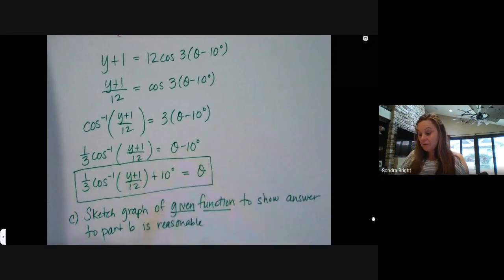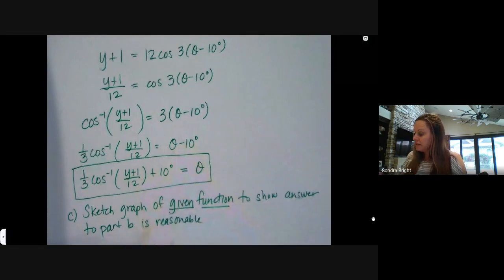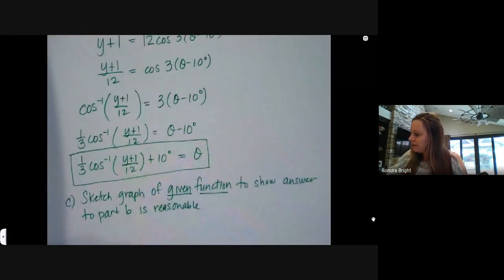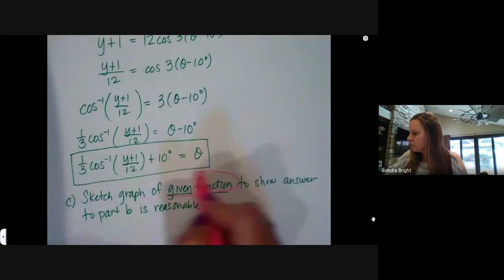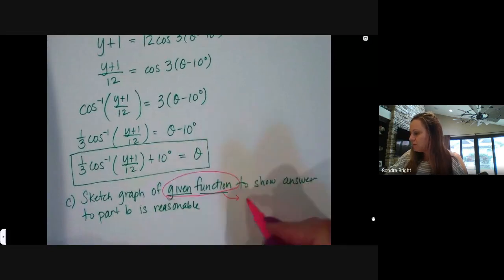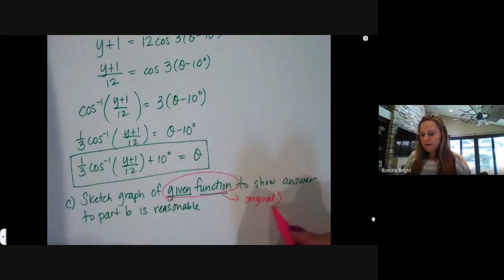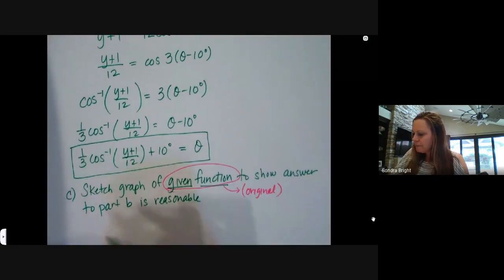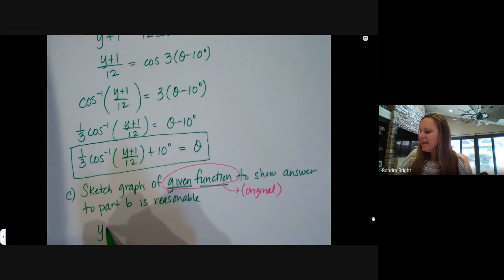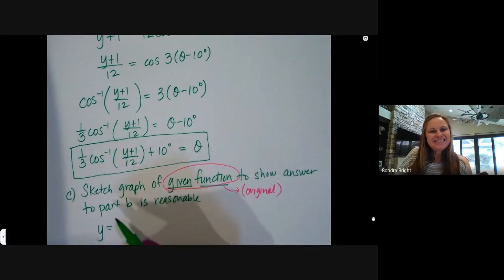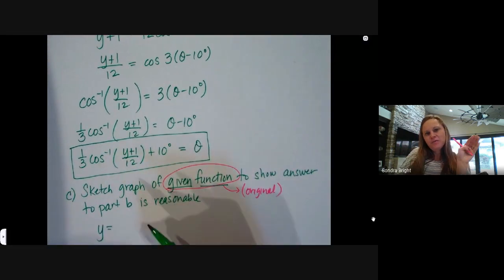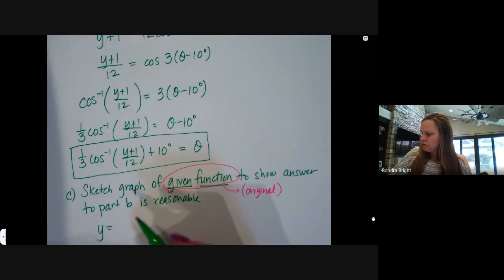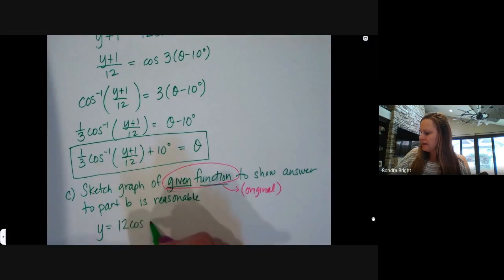So keep in mind the given function, we're talking about the original one that was given to us, right? So the one that was given to us was y equals, the -1 was in front, but remember that's the d, and we always had you move it to the end of the equation. So 12 cosine of 3 times theta minus 10 degrees minus 1.